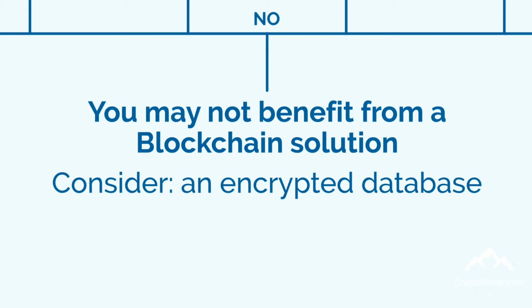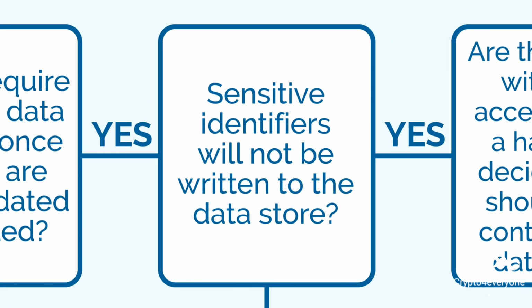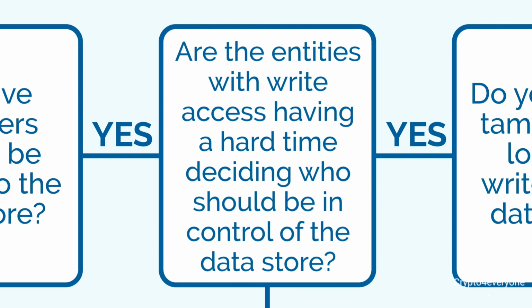And with the emergence of the EU GDPR, or General Data Protection Regulation, laws surrounding the storage and accessibility of PII can conflict with the immutable nature of blockchain. You can therefore instead consider using an encrypted database. If, however, you answered yes, you can move on to question 5.